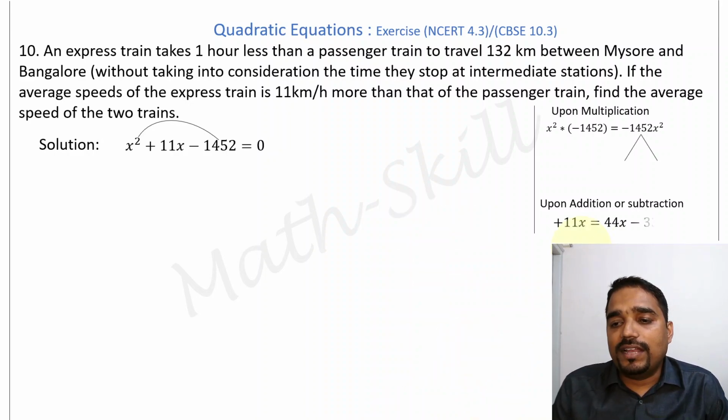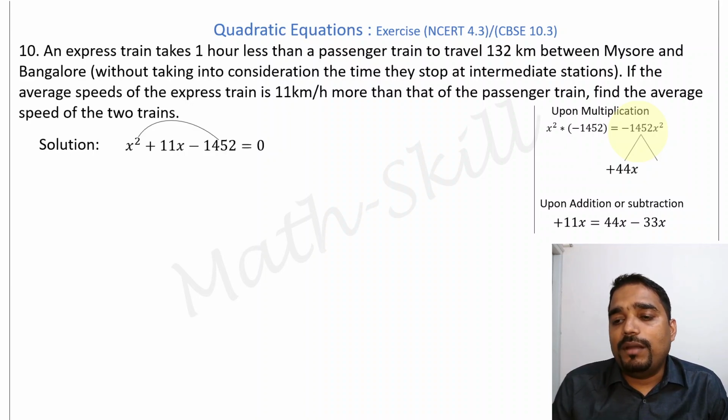That is, plus 11x is equal to 44x minus 33x. Also, upon multiplication, plus 44x multiplied by minus 33x, plus into minus is minus, and 44 multiplied by 33 would be 1452.